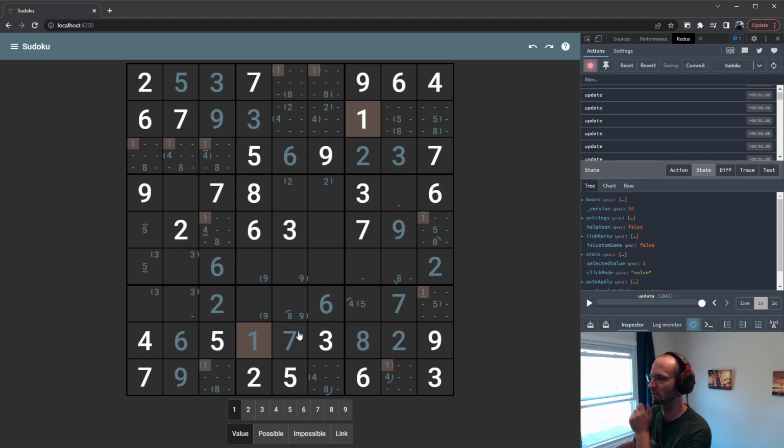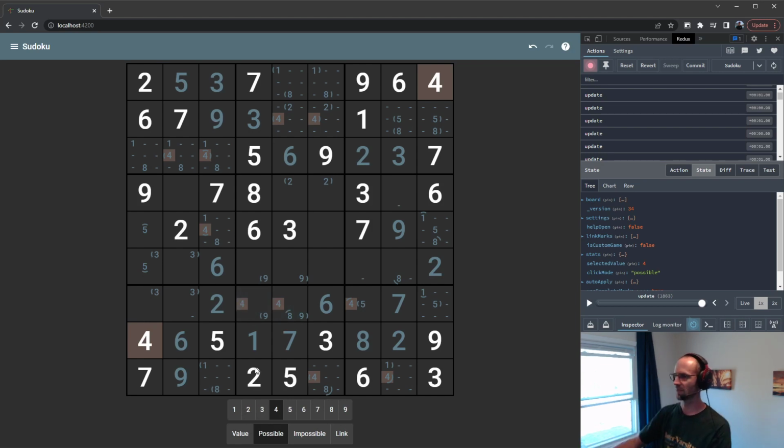Okay, so let's fill in this block. So that's going to be 4, 8, 9 are the values. 8 and 9 are already done because I can see I already have strong links on them. So all I have left is the 4. The 4 could be in either of these cells. Okay, so yeah, it was good that I stopped myself.